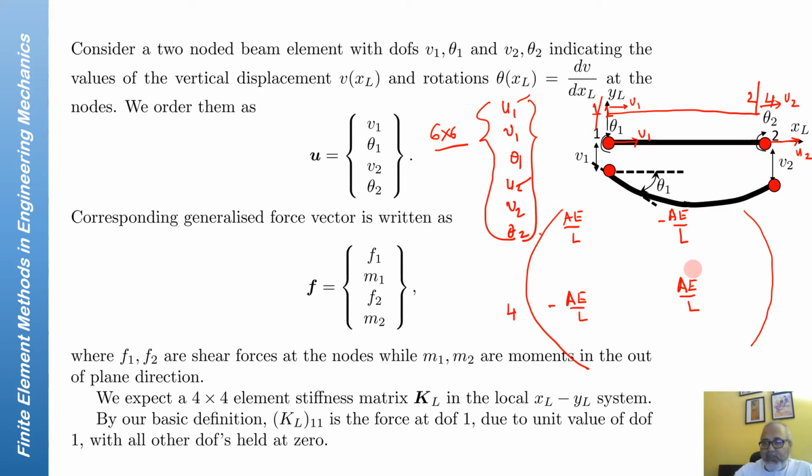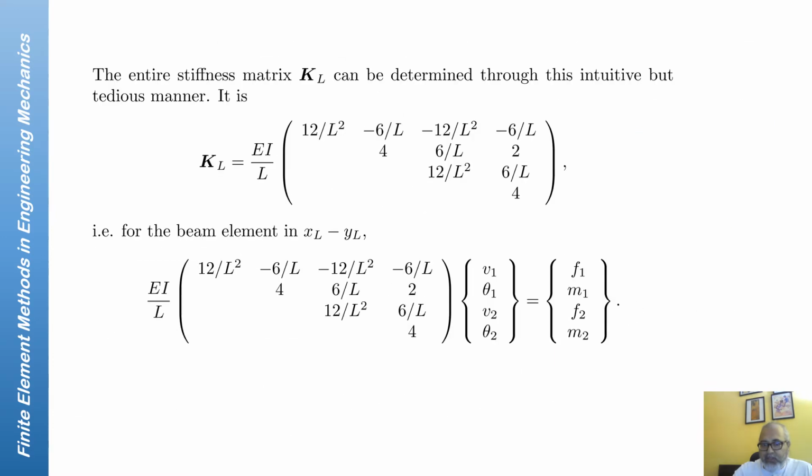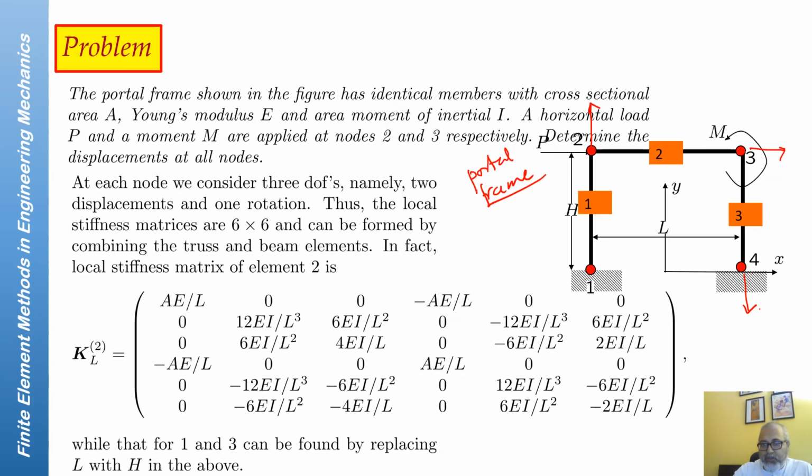So when I assemble the whole thing, for example, for my element number 2 here, which has a length of L, this would be my entire 6 cross 6 element for the beam plus truss, which is also called a frame element. A frame element is actually a combination of a beam plus a truss.